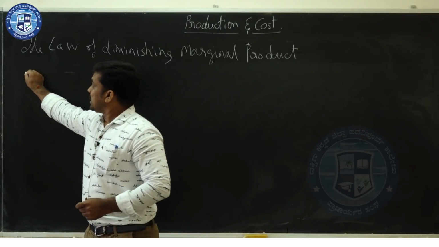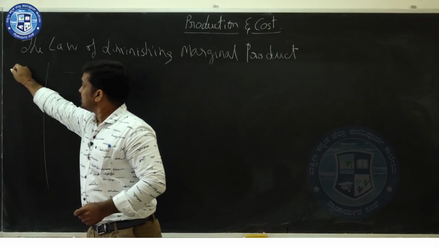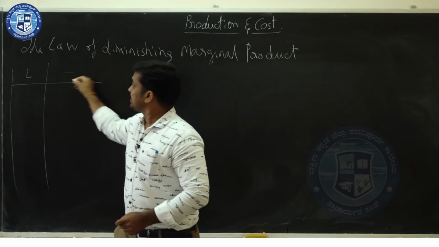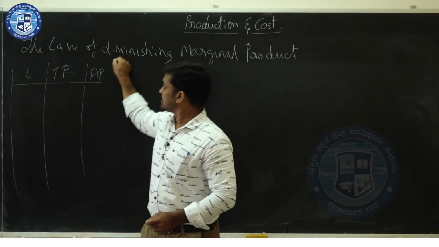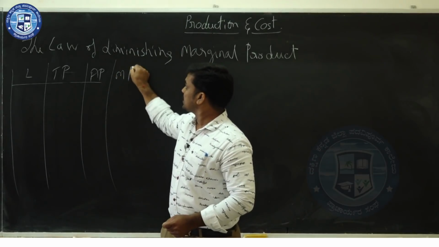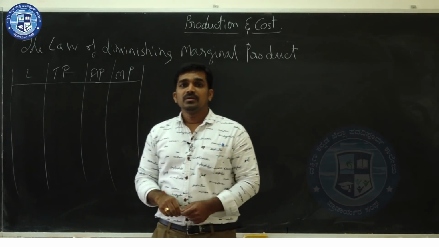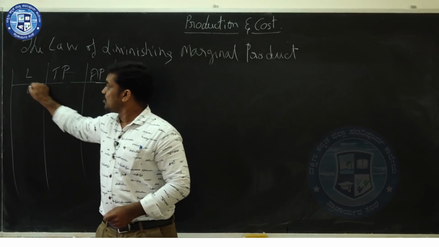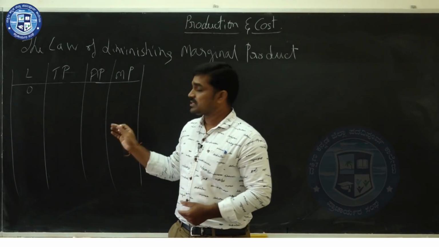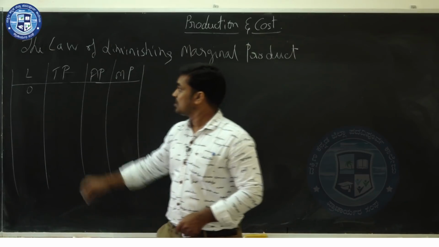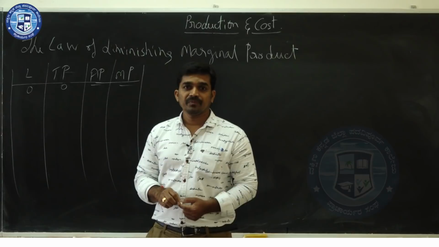For example, in the table we write units of labor, then we write total product, then we write average product, then we write marginal product. For example, units of labor 0. In our earlier example, units of labor 0, so total product is 0, there is no marginal product and average product.